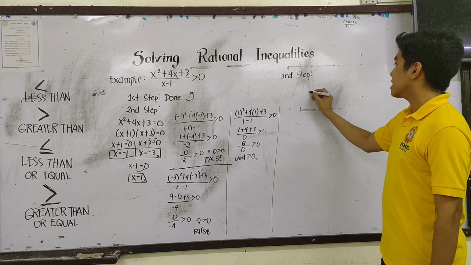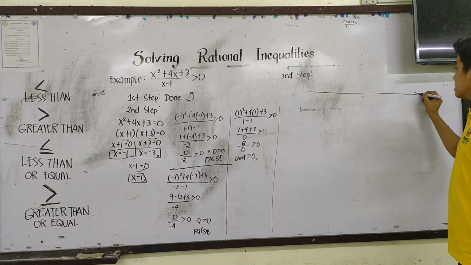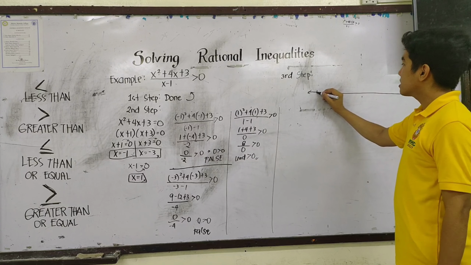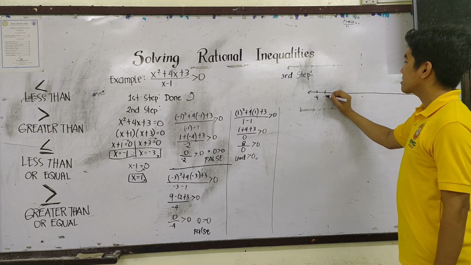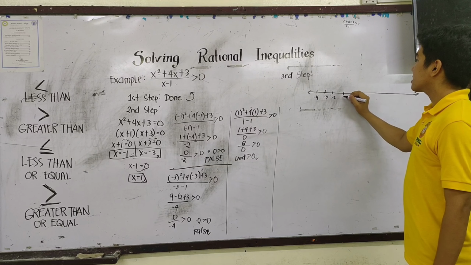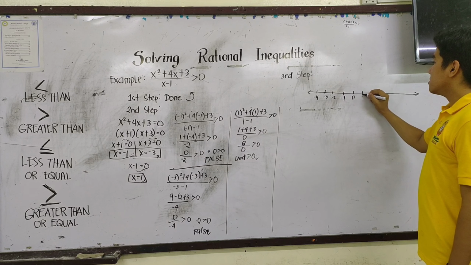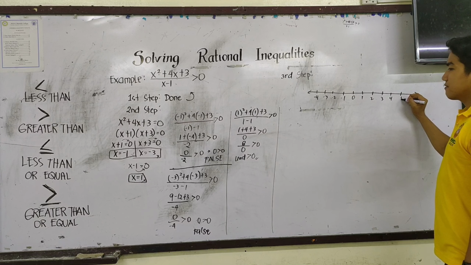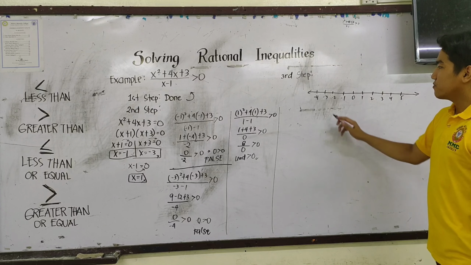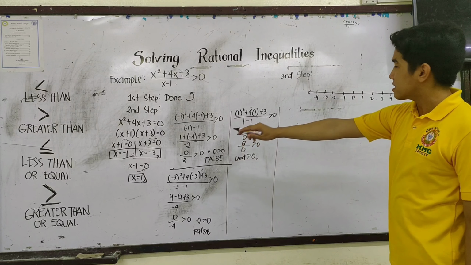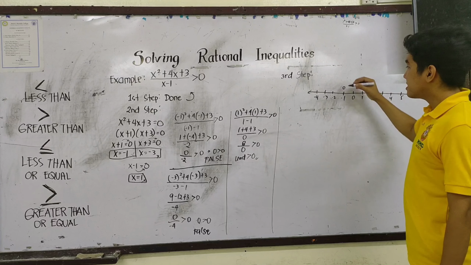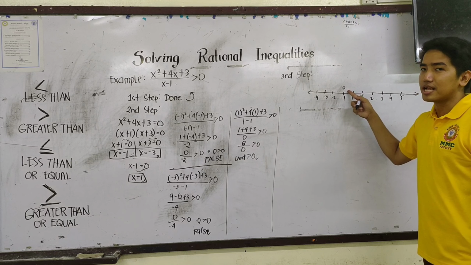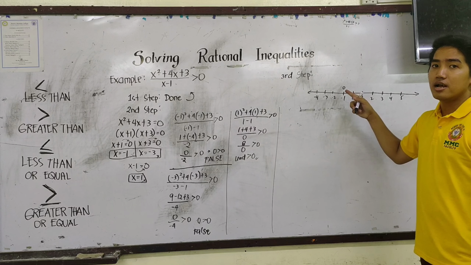So, since ito yung ating number line, we have negative 4, negative 3, negative 2, negative 1, 0, 1, 2, 3, 4, 5. So we have the value of x which is negative 1 and hindi siya part ng solution. So unshaded circle yung gagamitin natin sa kanya.